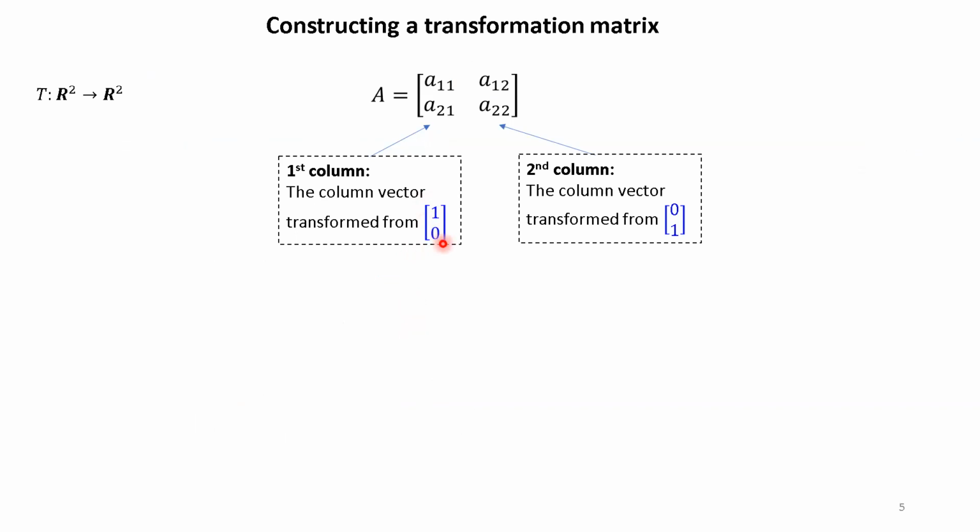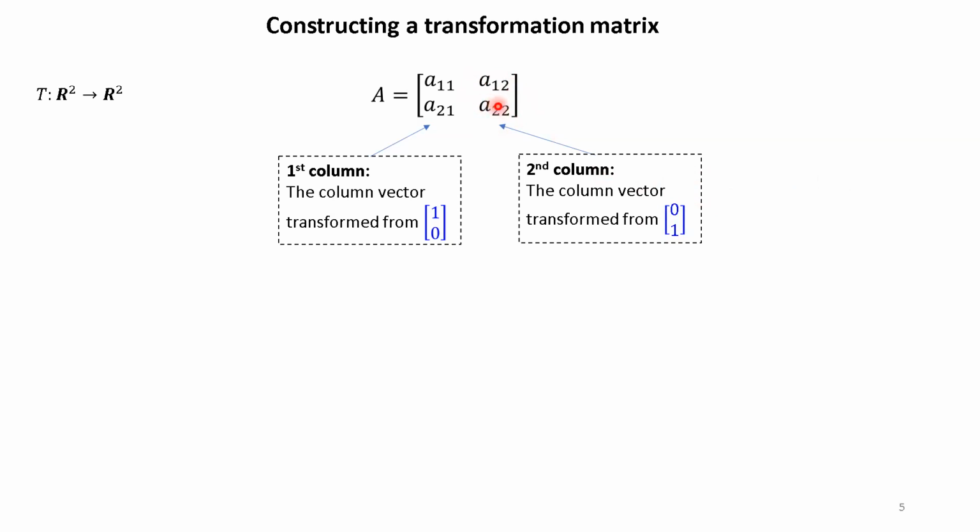After you know that, you write your transformed vector for (1, 0) as the first column of your transformation matrix A. Similarly, you look at the behavior of the transformation for (0, 1). If you know that (0, 1) transforms to some vector, you treat that as the second column of your transformation matrix. So this is how you construct a transformation matrix.